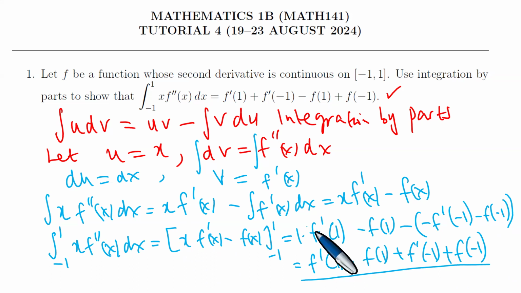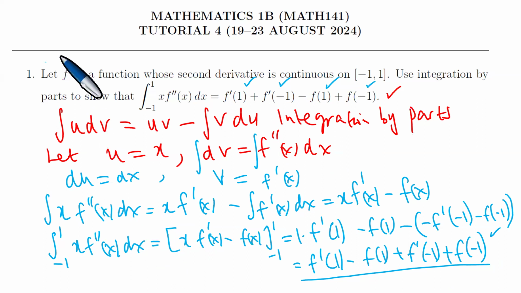Check this out. How does this compare? We can see f primed of 1 minus f of 1, and then we can see f primed of -1, and also plus f of -1. So this one we've been able to achieve.